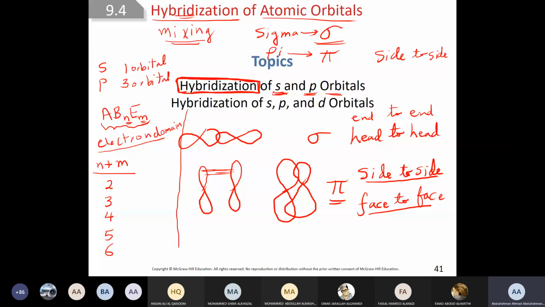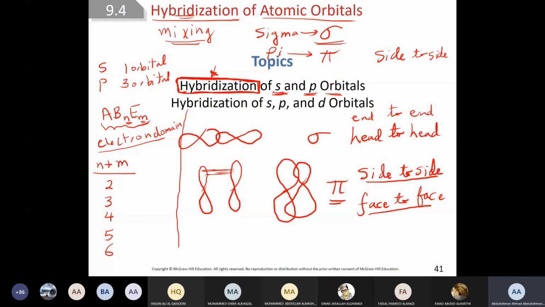Listen carefully now. When these orbitals interact with each other, when we make the bond, there will be hybridization of the orbitals before the bond.